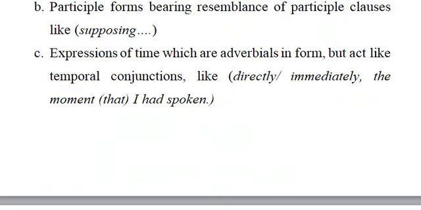The second type or case of the borderline subordinators is represented by participle forms bearing resemblance to participle clauses, which means the forms of present participle and past participle which are similar to the clauses of participles.